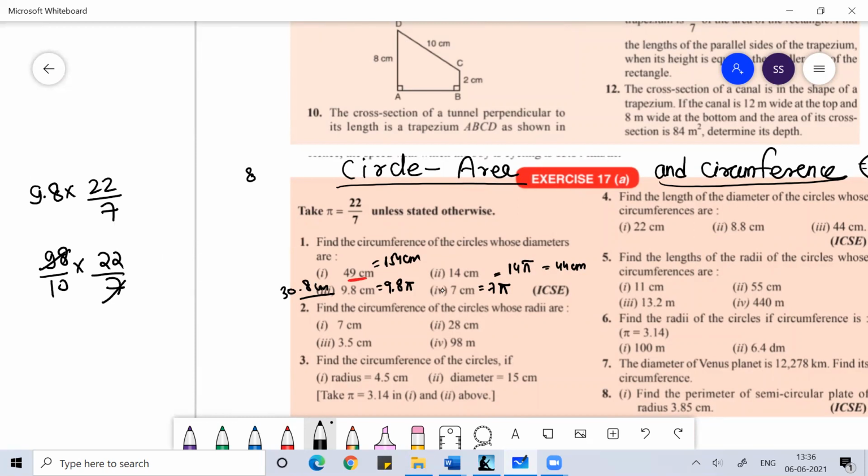Yes, sir. The 7 pi is 22 only, the 7 will get cancelled, so this will be 22 centimeter.